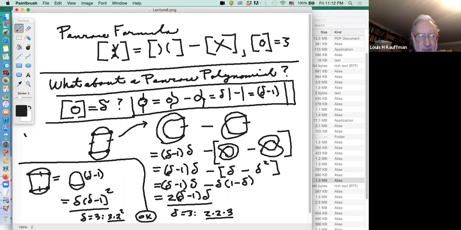So this Penrose polynomial depends on the perfect matching.